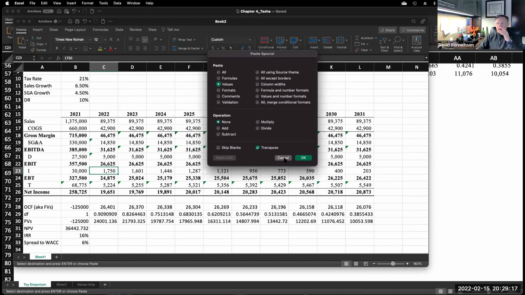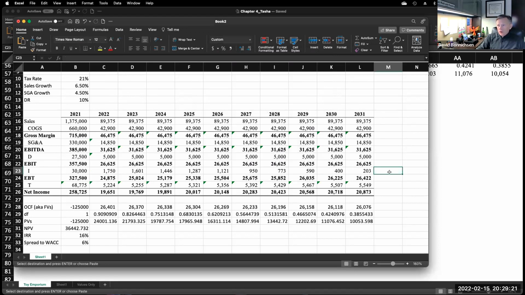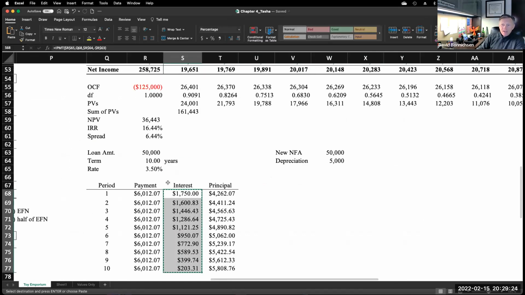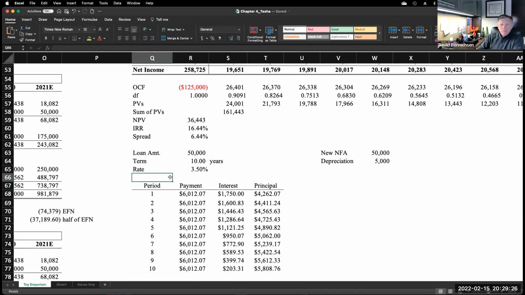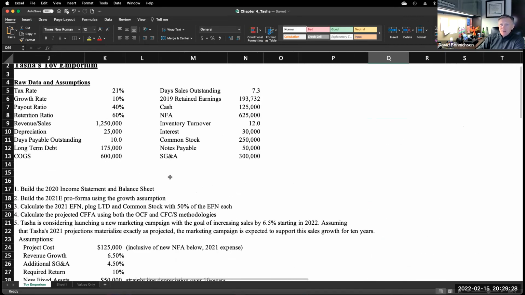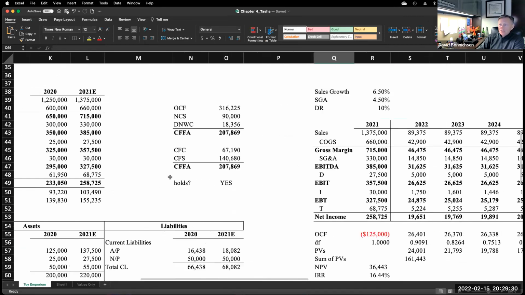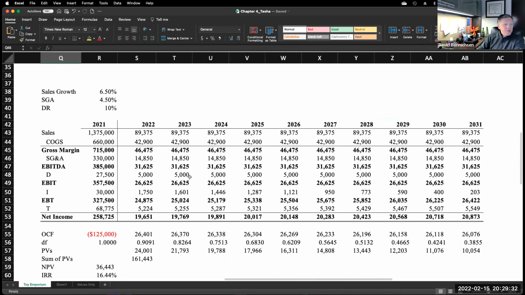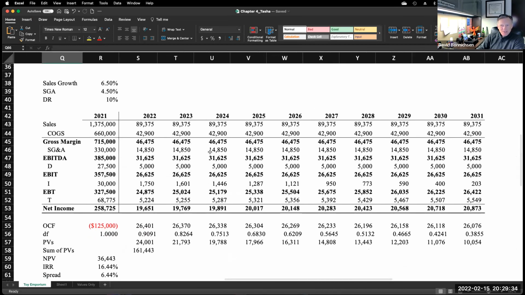Now, in your Excel file that you're going to be building, this is my master file for the Tasha case. Everything that you see here is my master file for the Tasha case. And what we just went through, that's what this is.